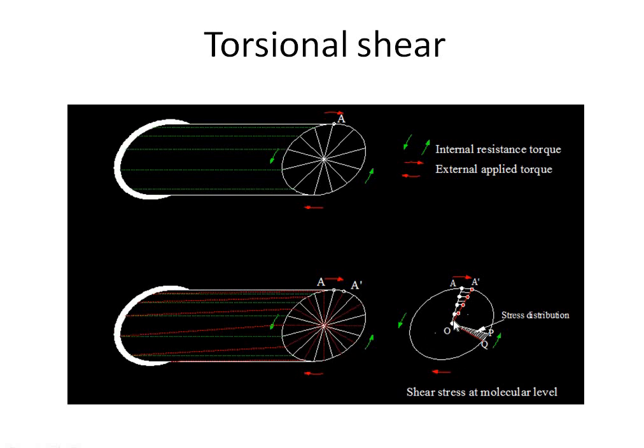The point where the stress is 0, we call it the neutral point. The axis connecting the left end to the right end of the shaft, through which there is no stress at all, is called the neutral axis. We can see it in detail in the torsion topic.